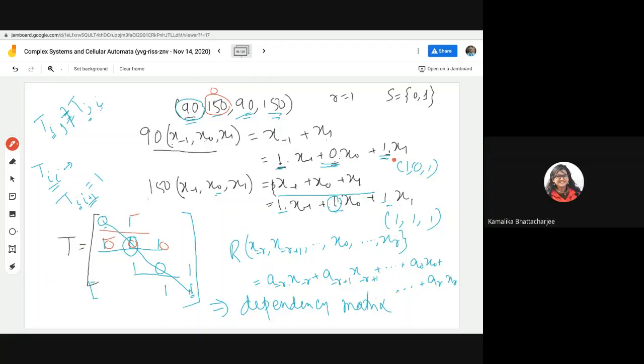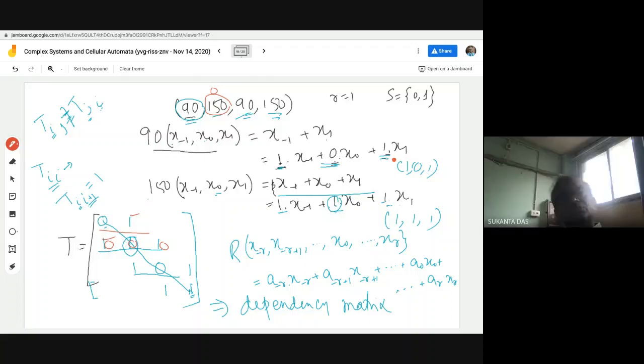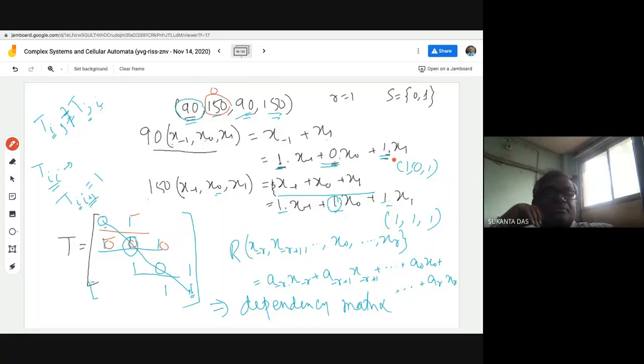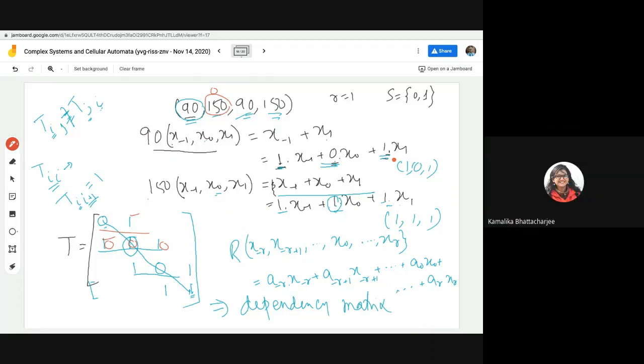So only for uniform CA is this symmetric. Otherwise, it is not symmetric. There are other CAs that are symmetric, but in general I'm saying it's not symmetric. Okay, thank you.